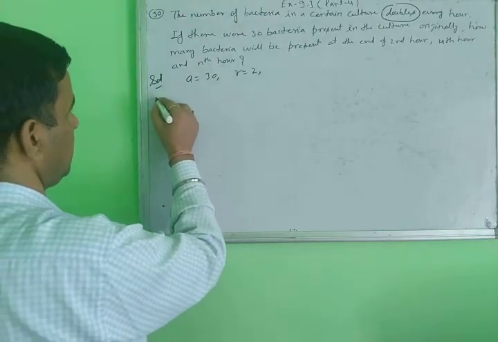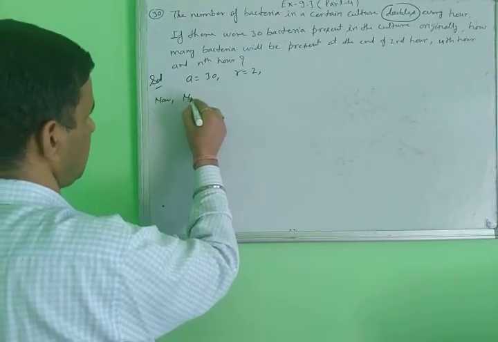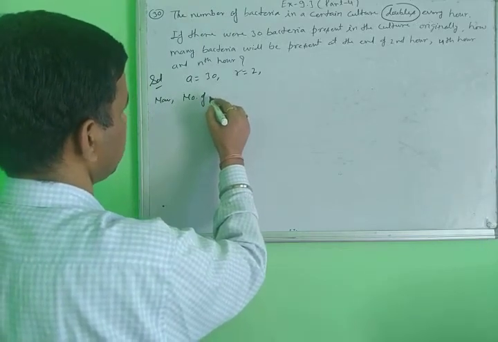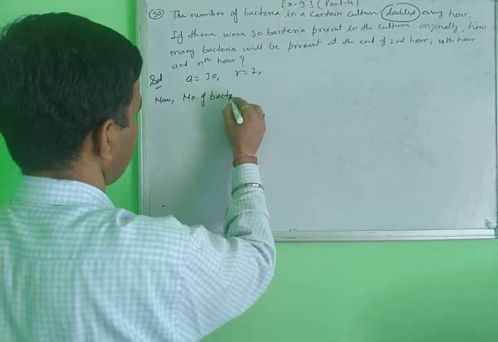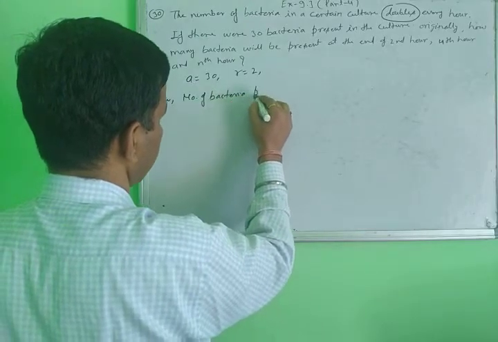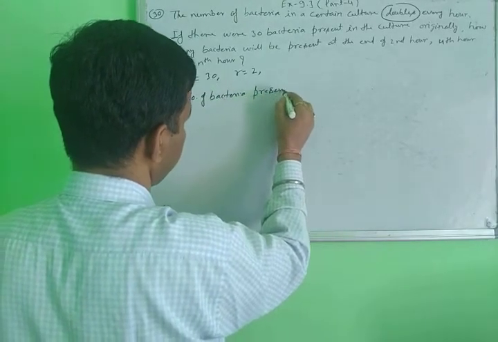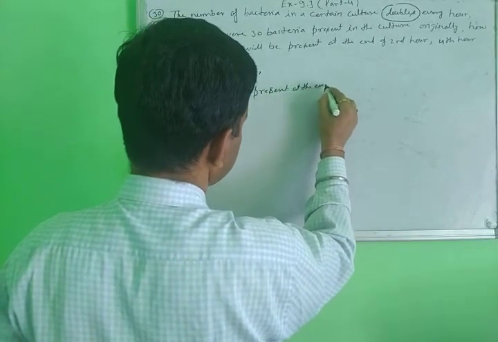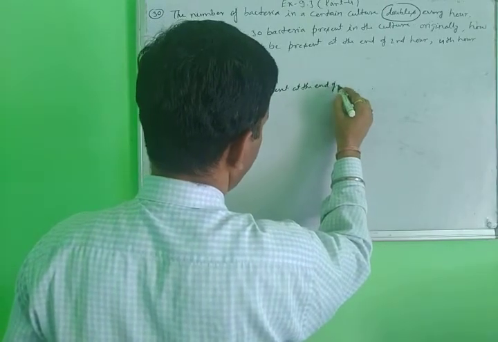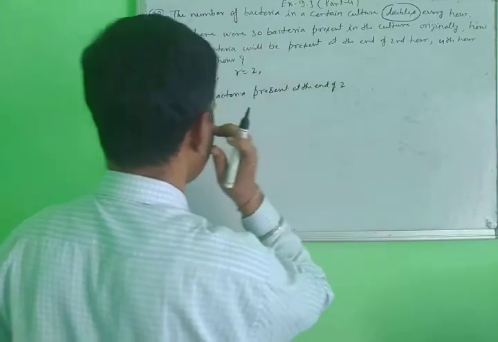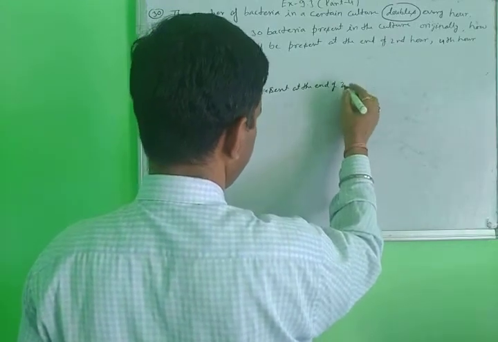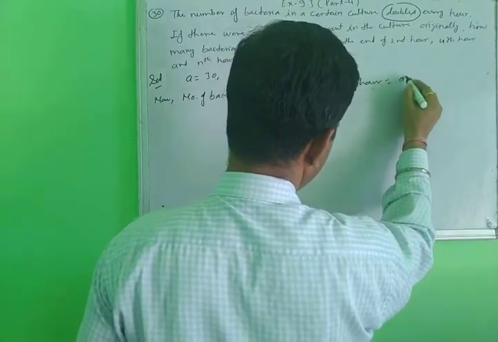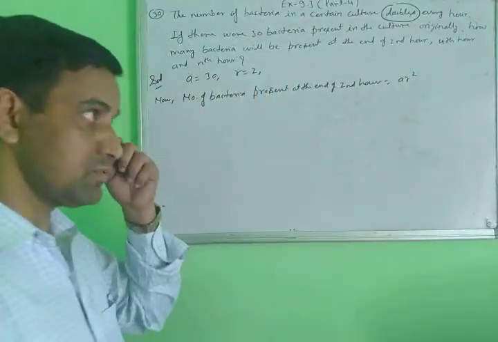So now, number of bacteria present at the end of the second hour. At the end of the second hour, this is called the AR square. This one is called the zero.